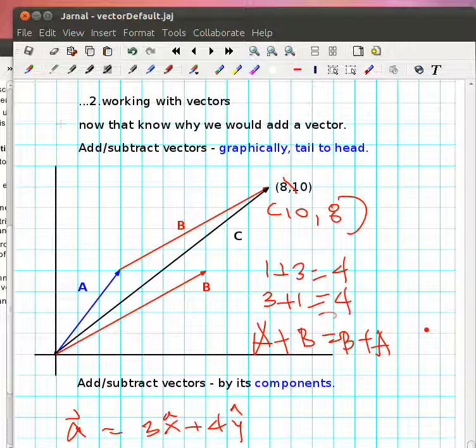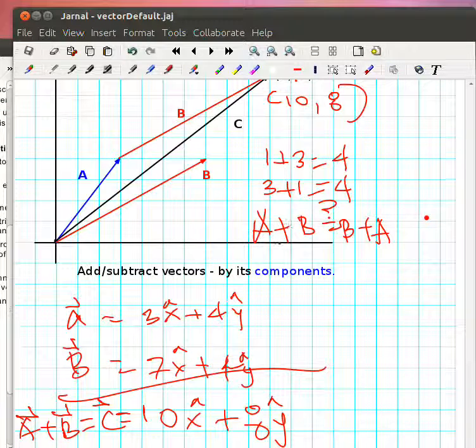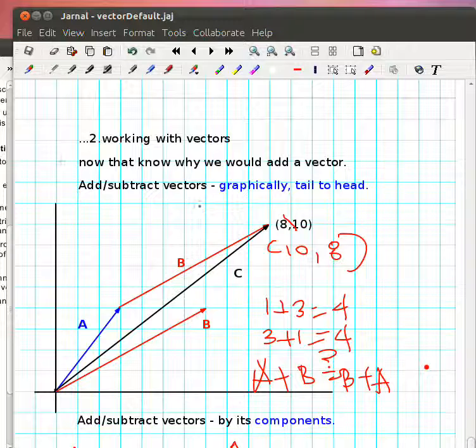That's the question we want to see. We can show it graphically by the parallelogram description, which would indeed show that A plus B does equal B plus A, just like in the number system. So let's go on. That was adding vectors.